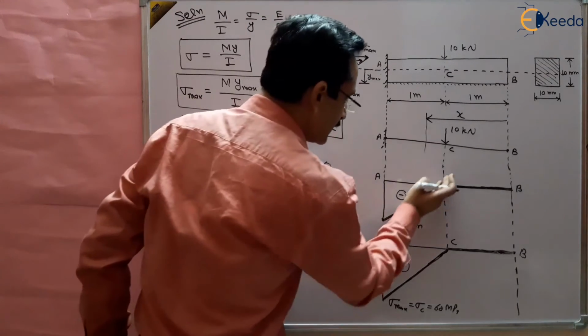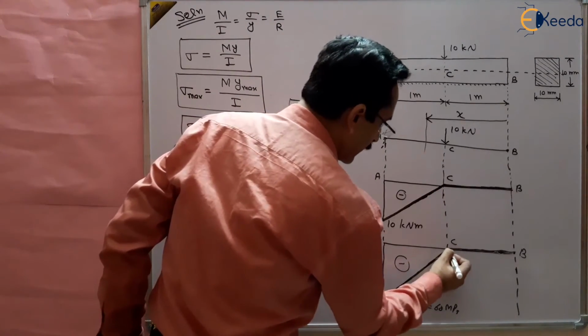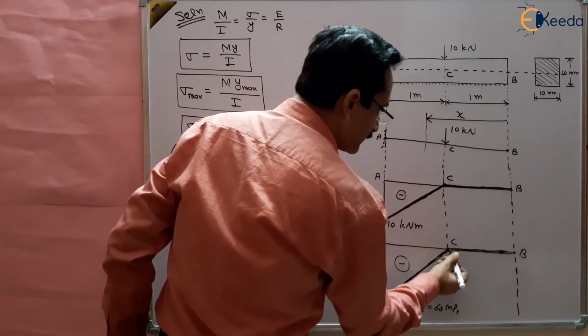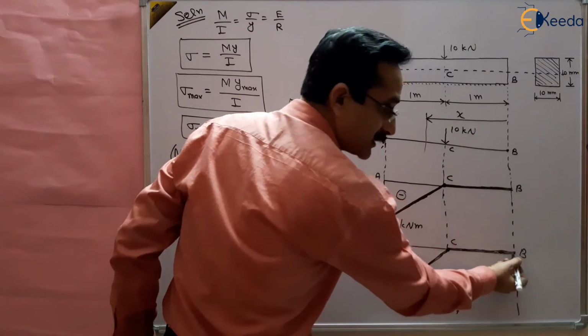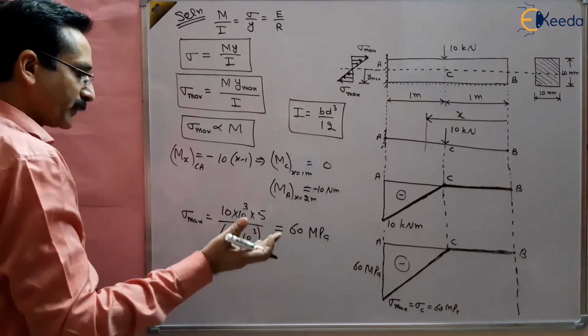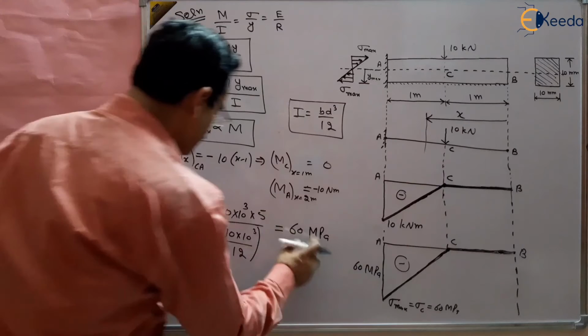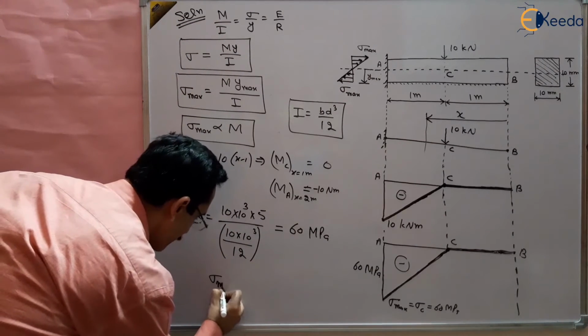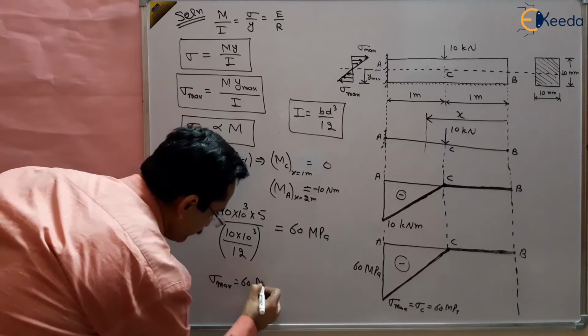If bending moment is linearly varying, it will be linearly varying, and at C point it is 0, and from C to B compressive stresses will be 0 because there is no bending moment. If M is 0, sigma will be 0, right? So that's why the maximum stress, sigma max, is 60 megapascal.